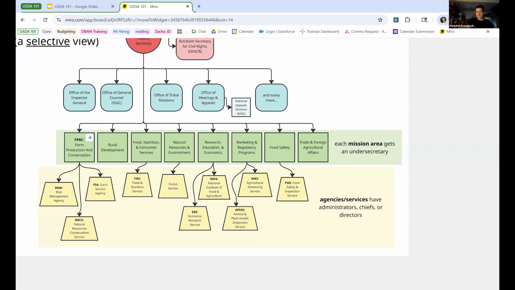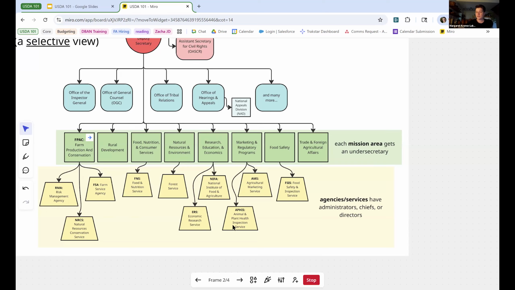Research, there's a mission area for research. I've flagged NIFA, which is the one that oversees cooperative extension, and ERS, which we may mention later. NIFA and ERS were relocated a few years ago with some instructive lessons about how that can go. Marketing and regulatory programs.